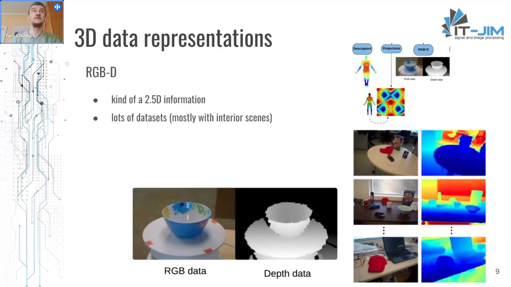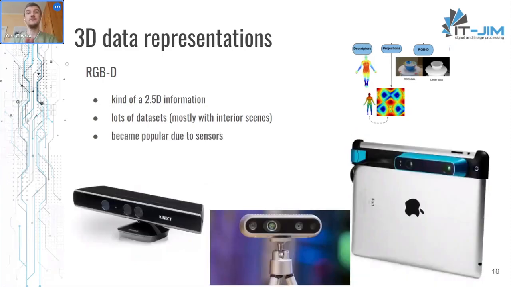Why are there lots of data sets? Because such data became popular due to lots of cheap and available sensors that allow capturing such data. And there are a few known devices for these purposes.